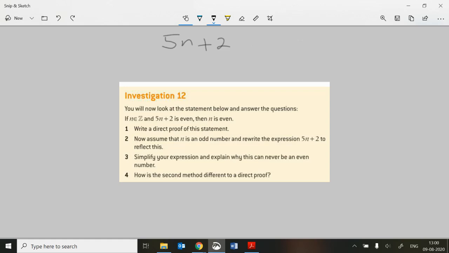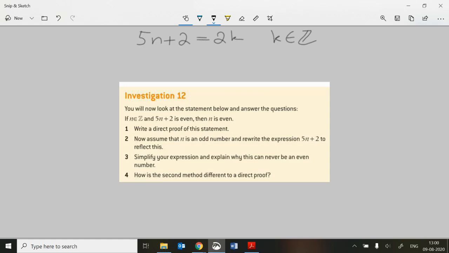And for a direct proof, we're going to start by saying 5n plus 2 must be equal to 2k, where k is some integer. Okay, 2k is going to be an even number if k is any integer.